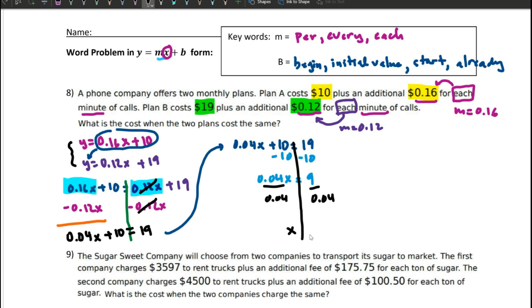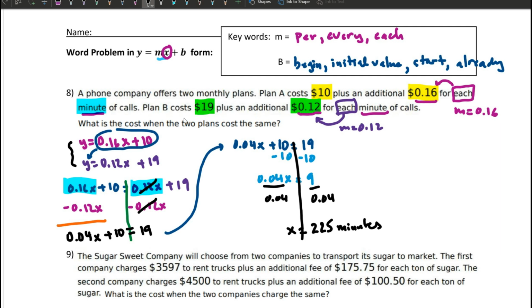So x equal to 9 divided by 0.04, which is 225. And earlier we said that if 0.16 is the slope, which is m, the thing that goes with m is x. x represents minutes. So that is 225 minutes.